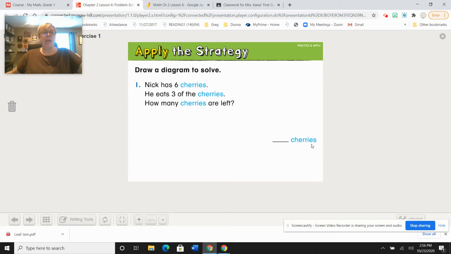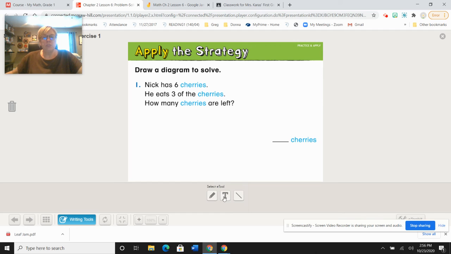I don't think it's a bad idea to practice, at least for the first 3: underline what you know, circle what you need to find out. The other 3, you don't have to, unless you want to keep doing it, but it's a good idea. It helps you pay careful attention to the information that they have here in the little math stories.